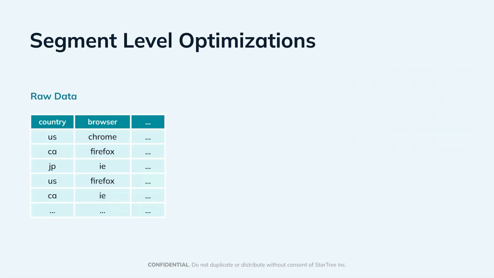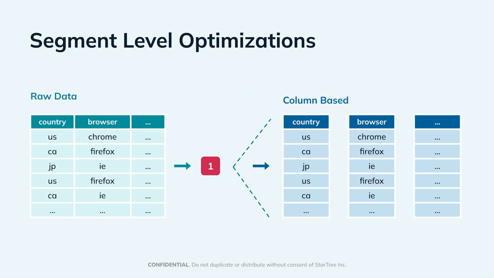As I mentioned before, a segment is a subset of your data. So assume these are some subset of your input rows. When you create a segment from these rows, it takes the data and organizes it in a columnar fashion. So in this example, all the values of country are stored together. Same thing for the browser and so on. This already is pretty optimal for OLAP queries.